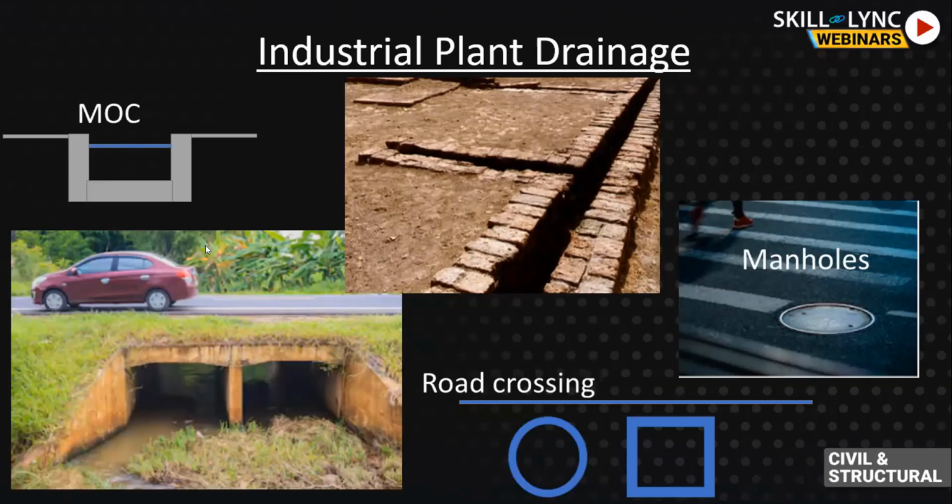The drain is coming from that side to this side, water is passing here and the traffic is passing from above. So these RCC walls and the top slab, you require to design for the vehicular load from the top, plus a little earth filling above it, the weight of that earth filling, plus whatever water is inside it. So there is certainly a design for the box culvert also.